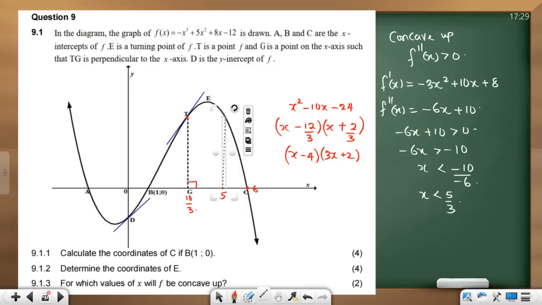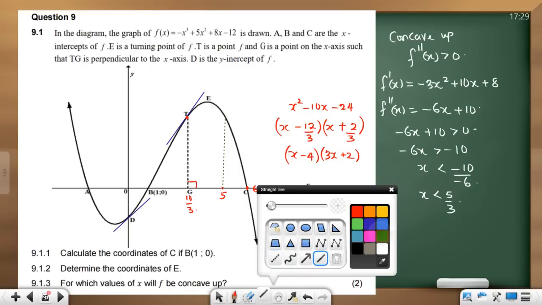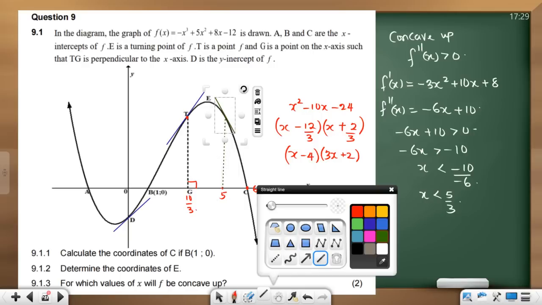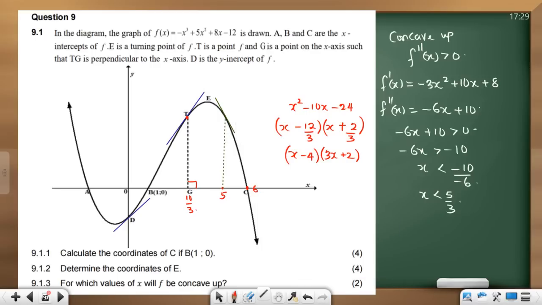Now, they said perpendicularly. It means there is a tangent here and then a perpendicular. Oh, what do we know? If they are perpendicular, the product of their gradients should be equal to what? Negative 1. So all I need to do is get the gradient of this line. Then I'm done. And this is the third time we're repeating this.